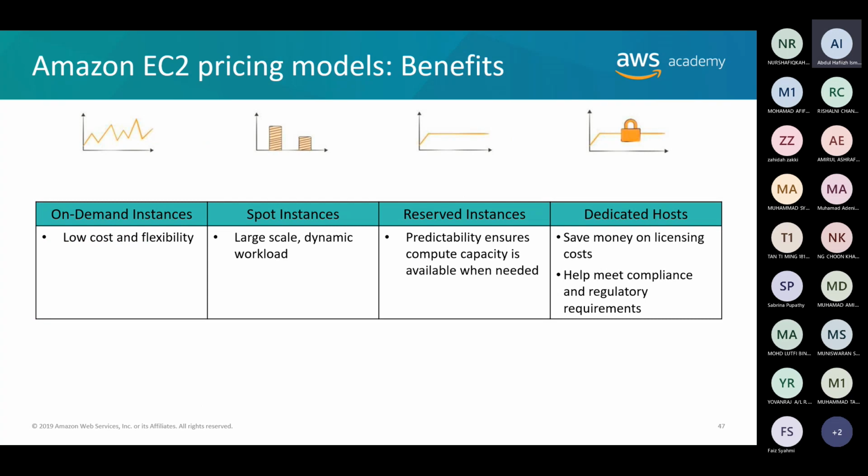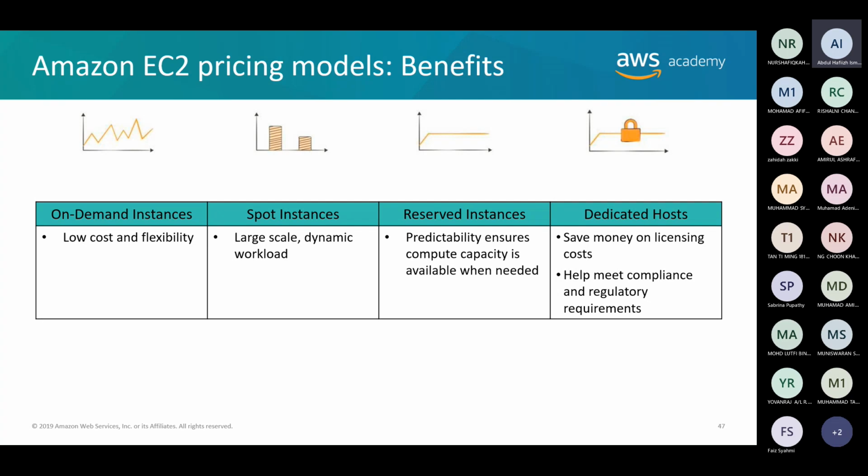So each Amazon EC2 price model provide a different set of benefits. On demand, the most flexibility with no long-term contract and low rates. Spot instance, large scale dynamic workload. For reserve, predictability ensures compute capacity is available when needed.